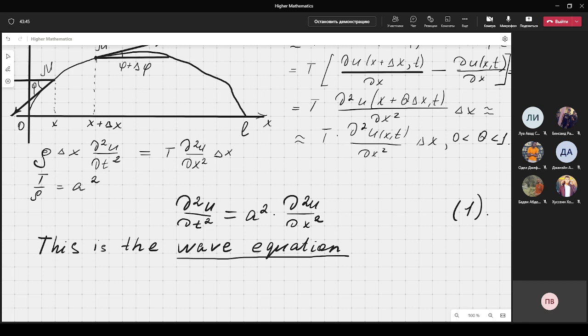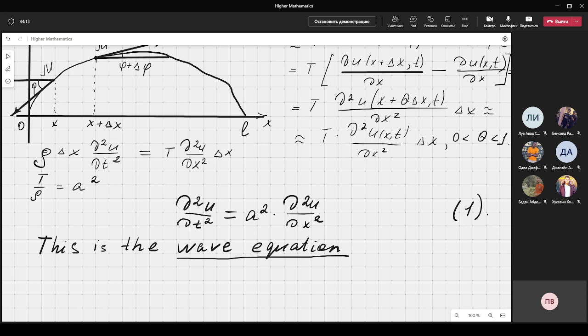The boundary and the initial conditions are referred to collectively as boundary value conditions. For example, as we assume, let the ends of the string at x is 0 and x is L be fixed.